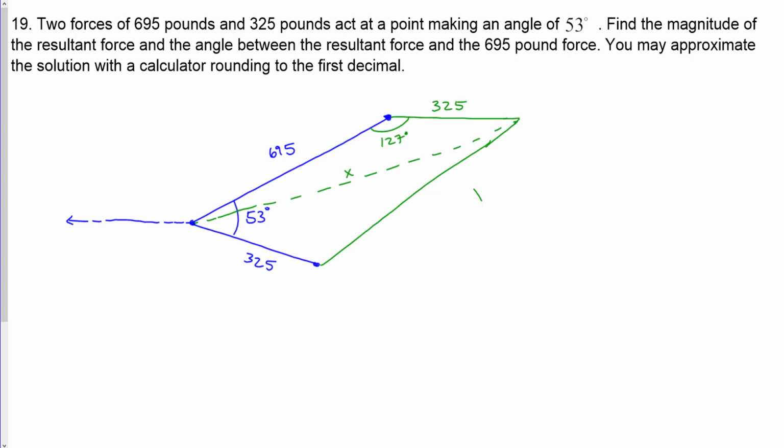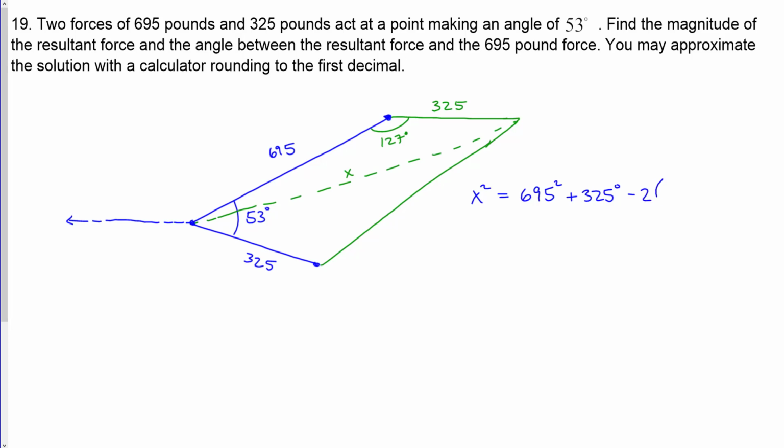Moving things around that way allows me to say, if this length is x, then I can figure out x by doing, let me switch back to blue, x squared is equal to 695 squared plus 325 squared, which would only work if you had a right triangle, but the law of cosines extends the Pythagorean theorem.